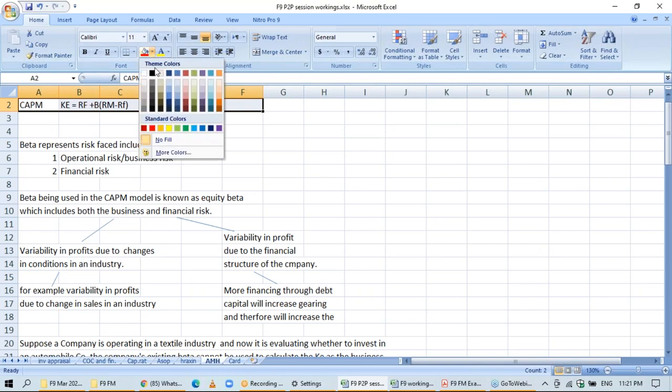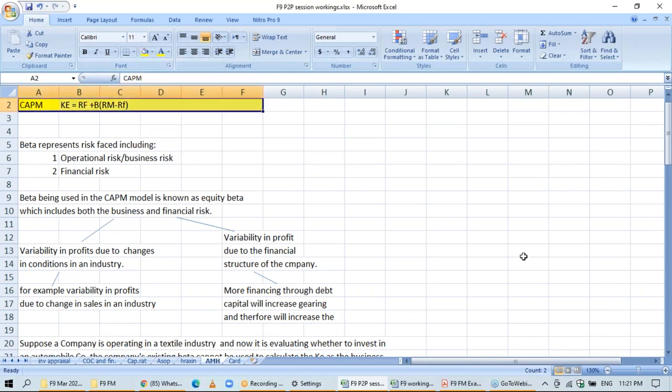You are watching the formula in yellow. I'm shading one by one the material which has been written on the screen in yellow. So first of all, the CAPM gives you the cost of equity using this formula, risk-free rate plus beta, and beta represents the risk.